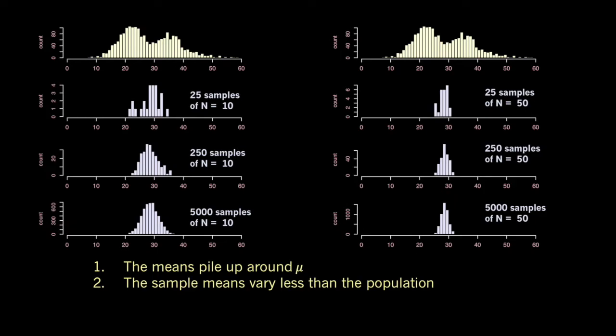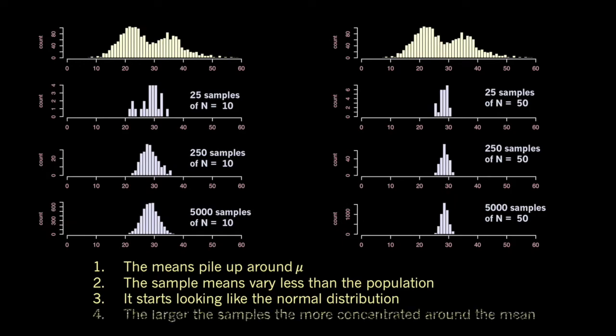You can see the dispersion, you can see the variance is much smaller, because of what we said: high numbers balance each other out with low numbers. Third, it starts looking like the normal distribution. So once we get lots of samples, we can see the shape of this distribution. Okay, it's almost like the normal. And if we take larger samples, the distribution of those means is going to be more concentrated around the population mean.